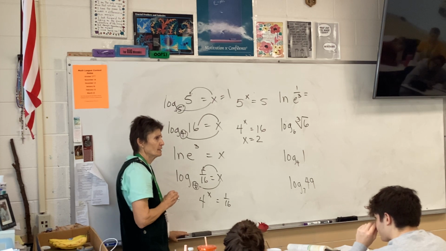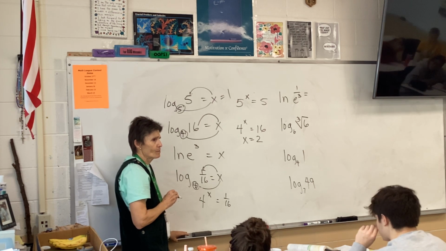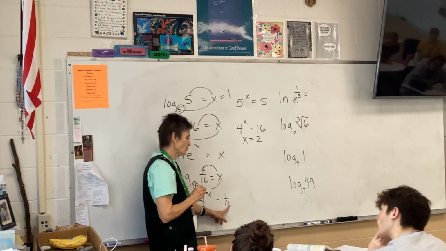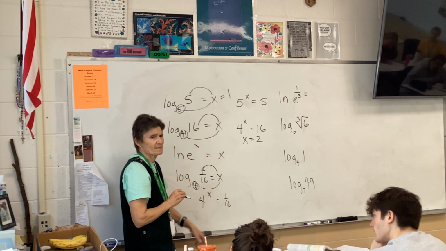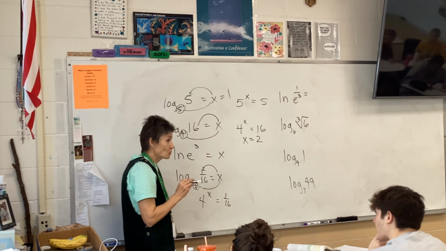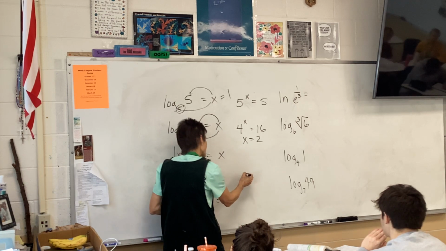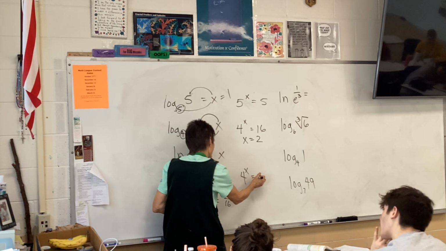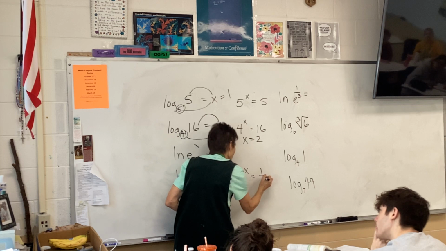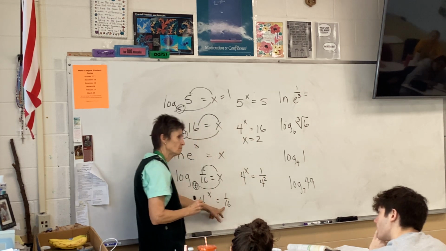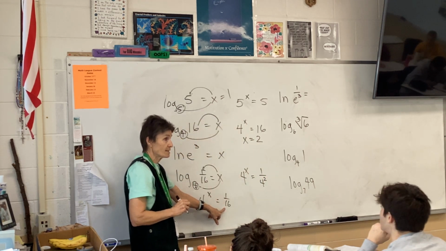Now, this one's a little bit harder. 16 is kind of special though, right? In terms of 4, what's 16? Well, 4 squared. So does this not say 4 to the x equals 1 over 4 squared? Isn't 16 4 squared?